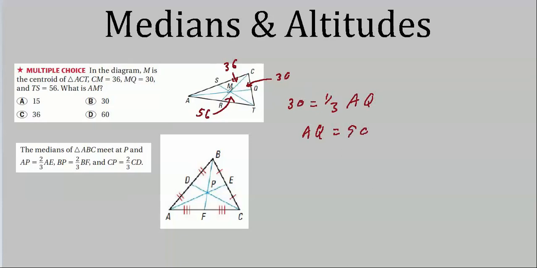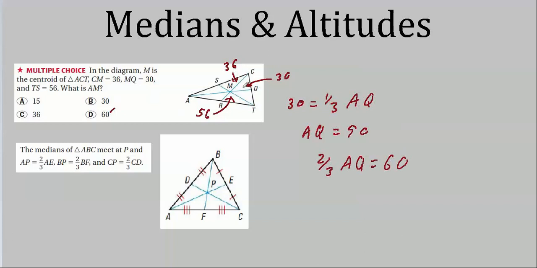They asked us for the long side here, which is 2/3 of AQ. And 2/3 of 90, well, that's 60. So that's right over here. These two numbers we didn't need. We wanted this, and we know that this is 2/3 of this.